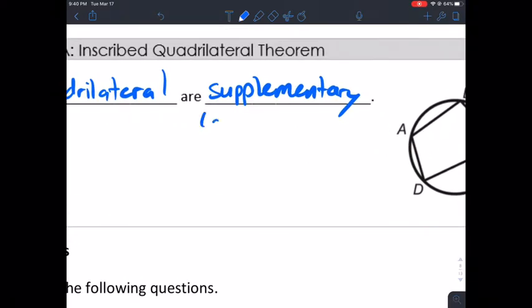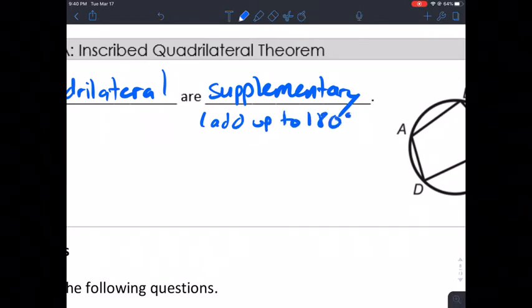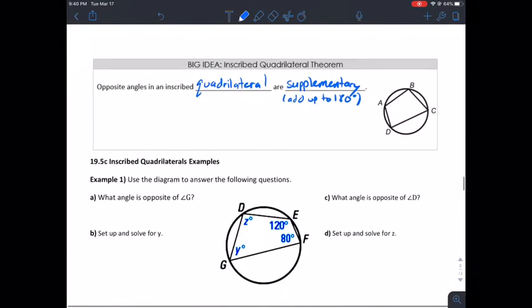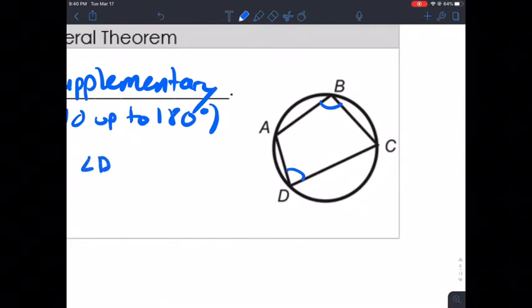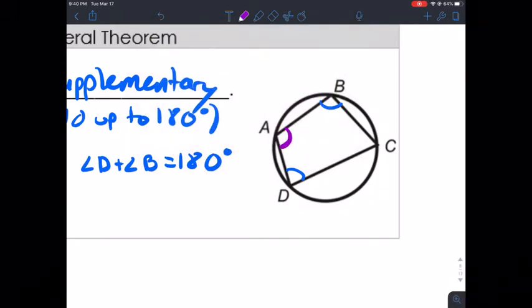So maybe we can even put that there. For example, if we're looking at this quadrilateral here, the opposite angles would be D and B, and that would mean that angle D plus angle B equals 180 degrees.